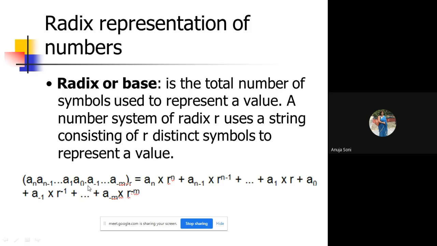You have to successively multiply all these digits by R raised to the power, and ultimately go on adding all these values. Ultimately, it will result in the final decimal value. I will take one example and explain it to you.